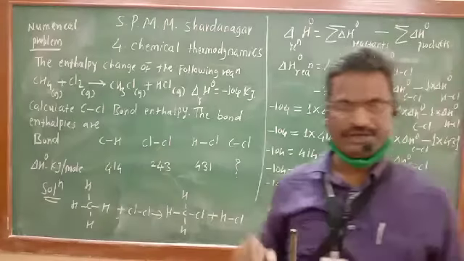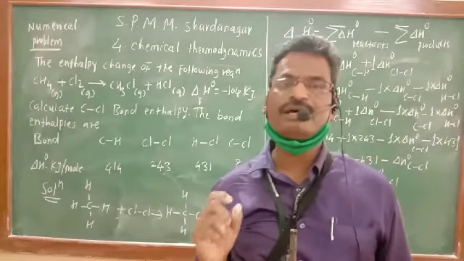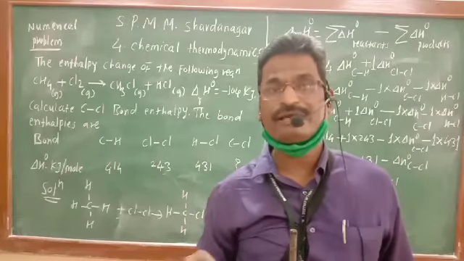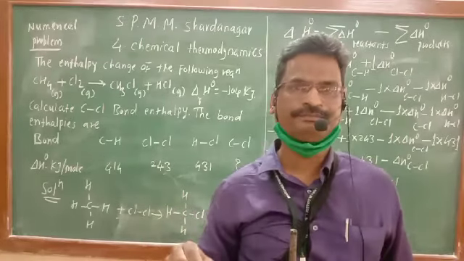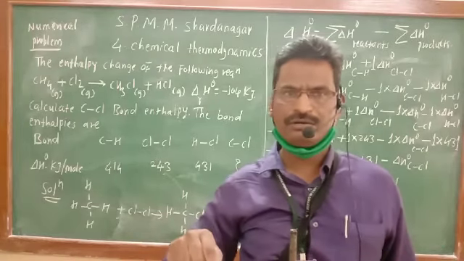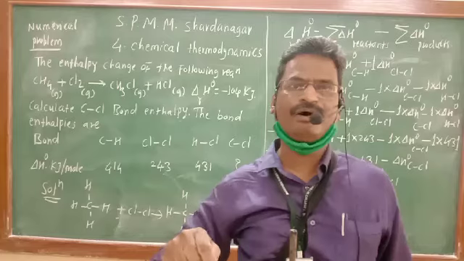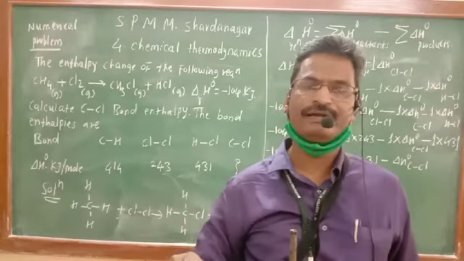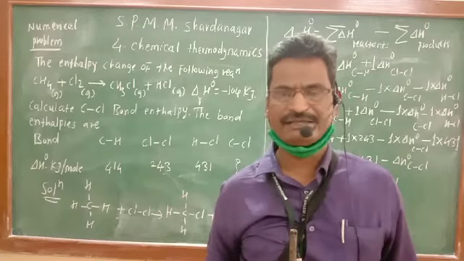Thus it means that if we know the enthalpy of reaction under standard conditions, we can calculate the bond enthalpy of any bond under standard conditions, or if we know the bond enthalpy of all bonds in a reaction, we can calculate the enthalpy of reaction.